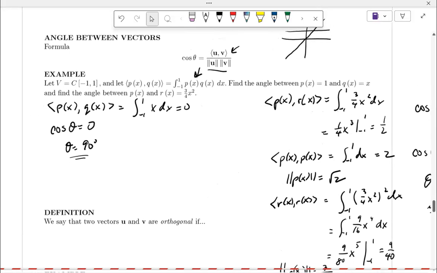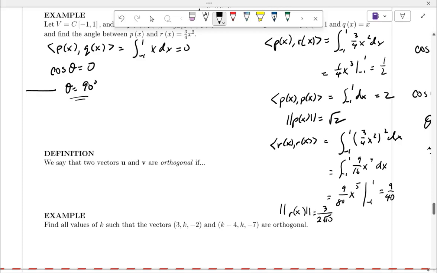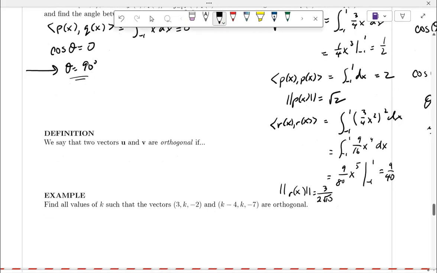All right. Again, like Jolly just pointed out, I didn't need to do any work here, right? I knew that there was going to be 90 degrees because the inner product was 0, right? And that's going to give us our definition here in the next part is that they're orthogonal if the inner product of the two vectors is 0. We're going to have this definition.